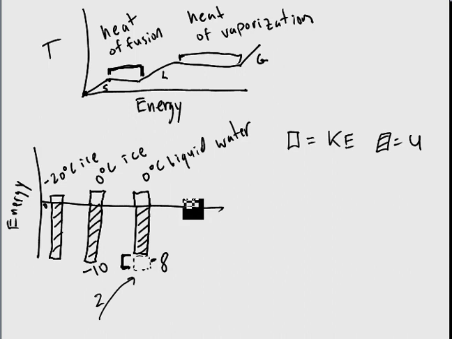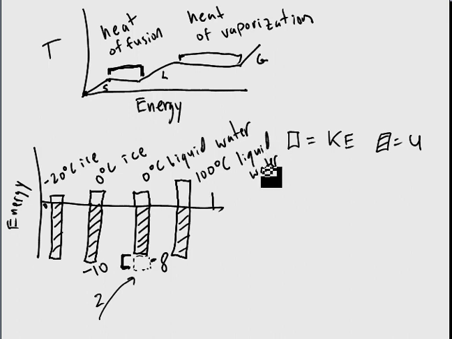And if we went from 0 degrees Celsius liquid to 100 degrees Celsius liquid, again you'll see a kinetic energy increase, and the potential energy might increase a little bit, but not too much. The last stage would be to make this into 100 degrees Celsius gas.